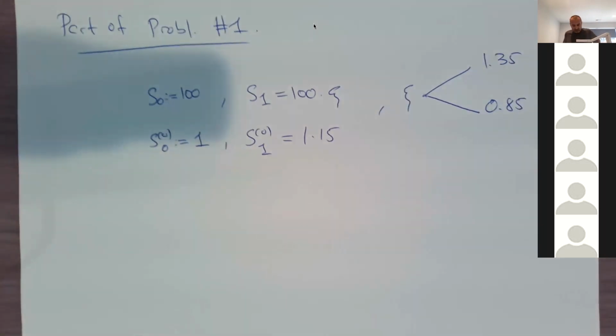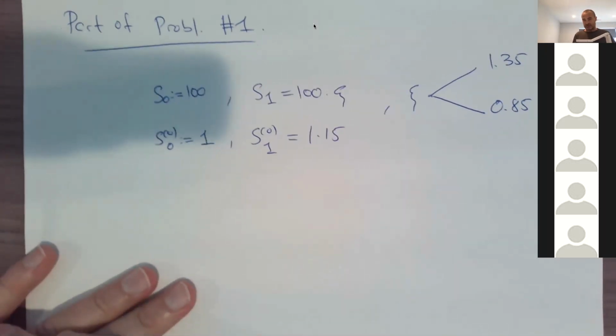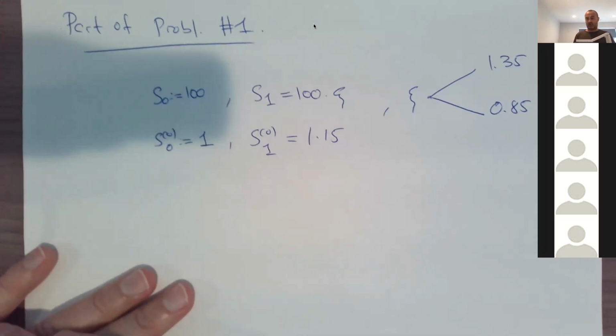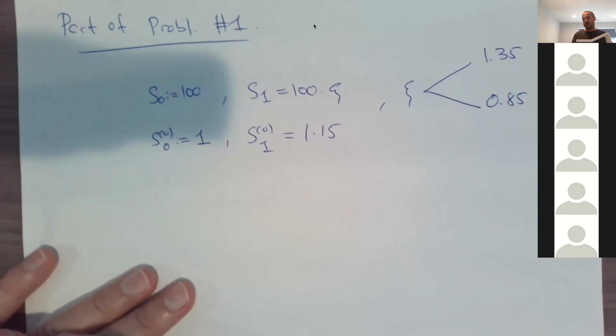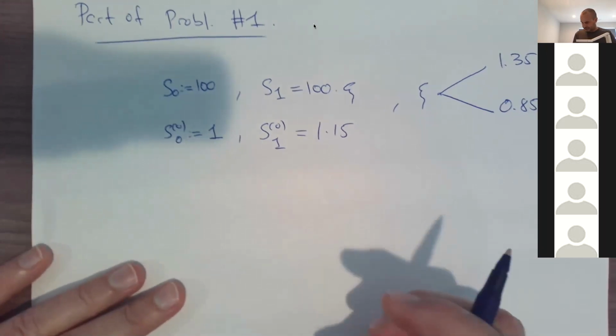Okay, so what we want to do is we'd be interested in a European call. We haven't talked about the word European or American. There's no need to talk about that because we're living in a one-period model. So all these objects are the same. So I'm just going to be talking about a call option.